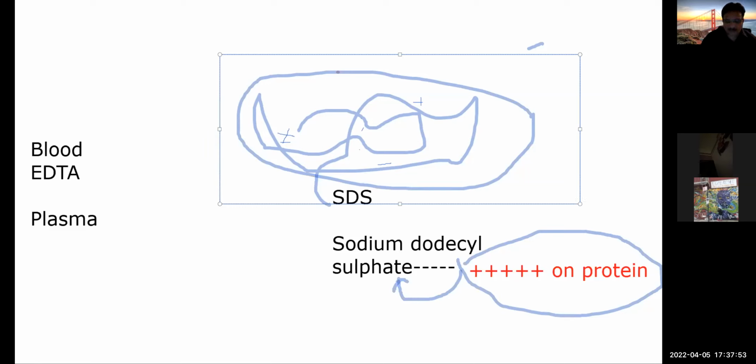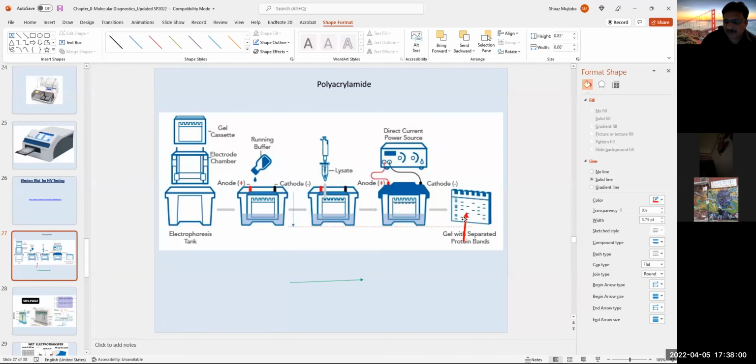So in SDS-PAGE, when you do the gel electrophoresis, all the proteins are negatively charged, so equal charge. DNA is negatively charged universally because of the phosphate moiety, but in protein that's not the case, because out of 20 amino acids, there are some positive, some negative, some neutral, some hydrophobic, so you need to make the whole protein negative, and that happens because of SDS, the chemical.